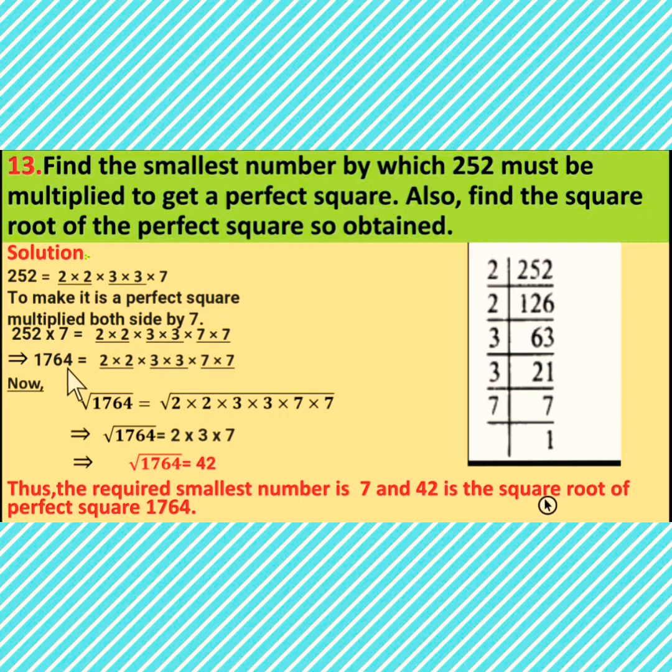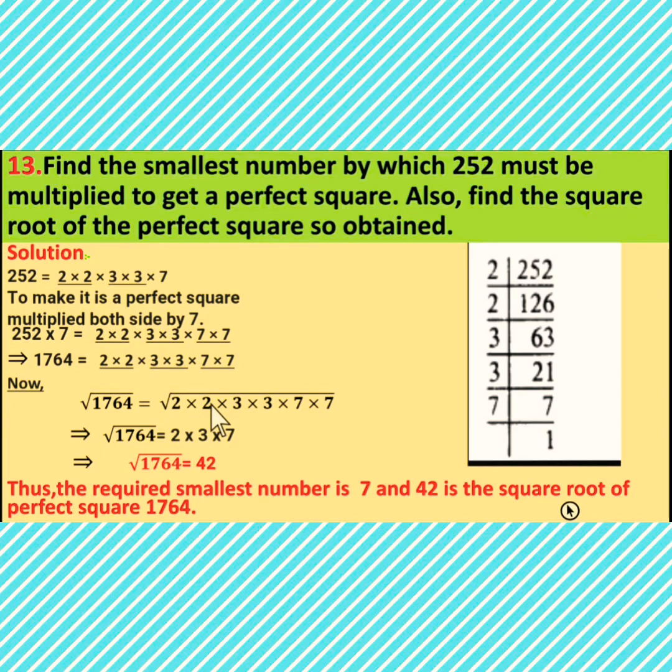Now 1764 is a perfect square number. And now 2 makes a pair, 3 makes a pair, and 7 also makes a pair. Now take the square root on both sides. So we get the square root of 1764 equal to the square root of 2 into 2, 3 into 3, and 7 into 7. From each pair only one number comes out of the square root.